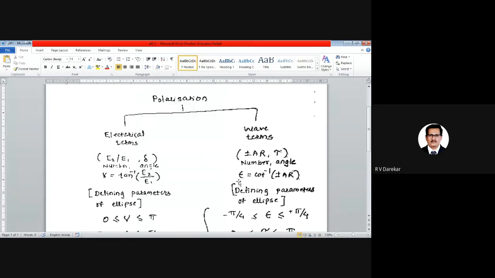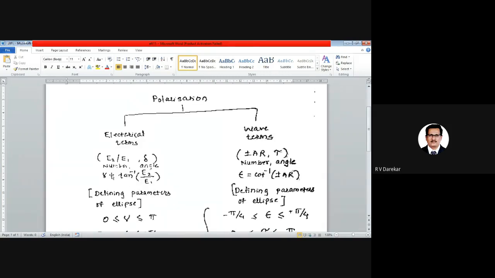So friends, we have to remember here that considering these variables, we are trying to understand a similar concept with a different intention. Here gamma is nothing but tan inverse of E2 by E1, and epsilon is nothing but cot inverse of the axial ratio.